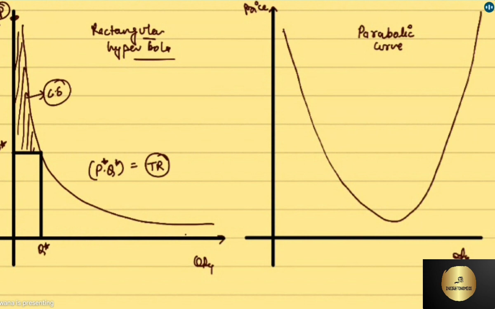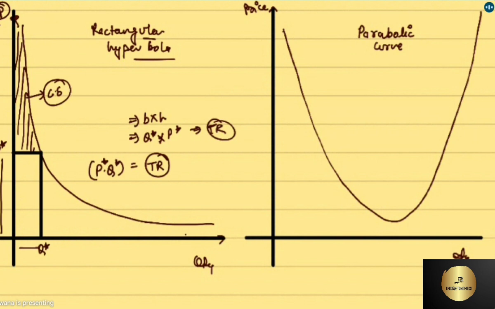This is the area of this particular triangle. Normally, if you see mathematically, the area of a triangle is represented by base into height. So this is your base, this is your height. Your base represents Q star, your height represents your P star. And in economics, your P into Q is your total revenue. So what do we have to do in order to find the consumer surplus?